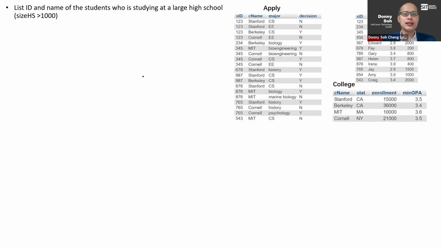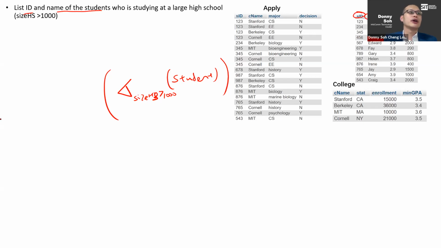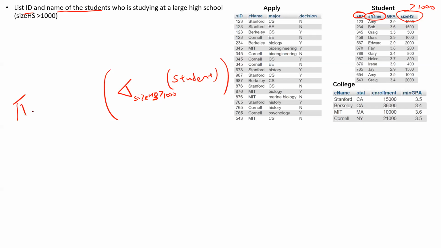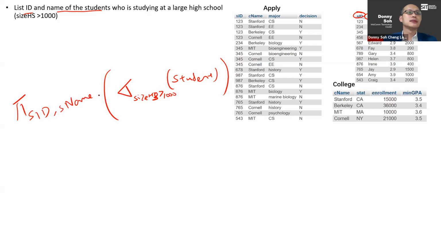The table I'm looking at is again the student table, and I want to select size of HS greater than 1,000. I only want the ID and the name of the student, so I'll be putting SID and S name.